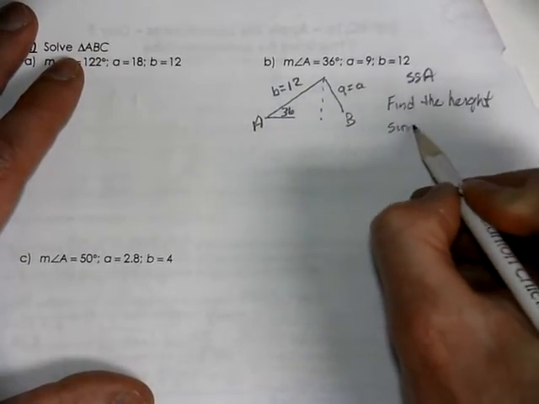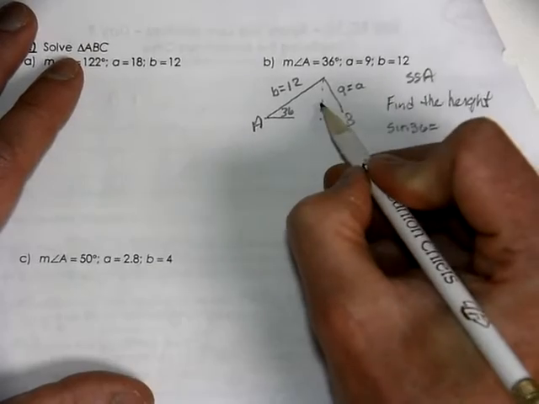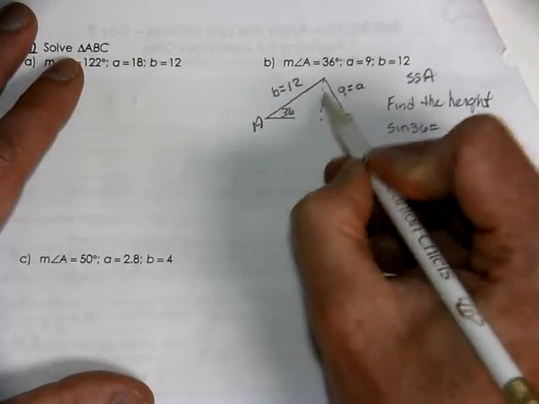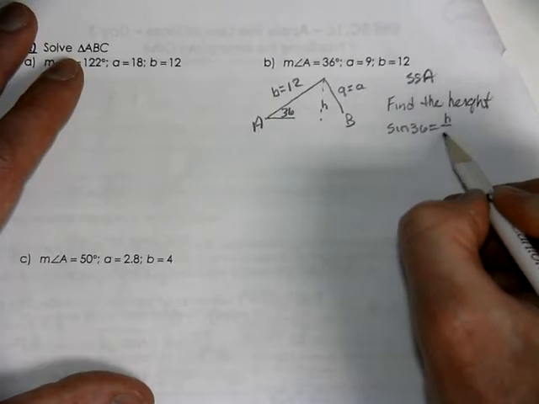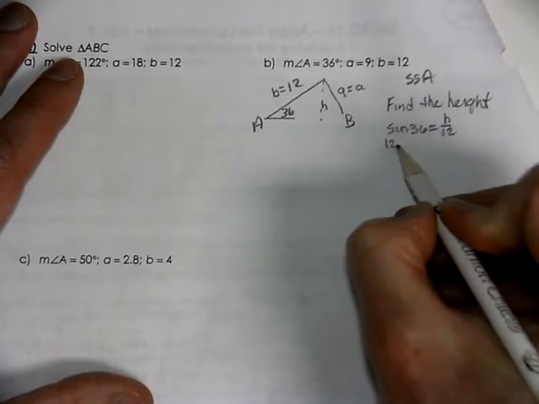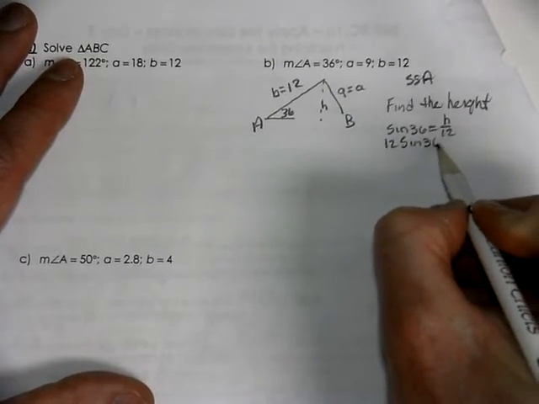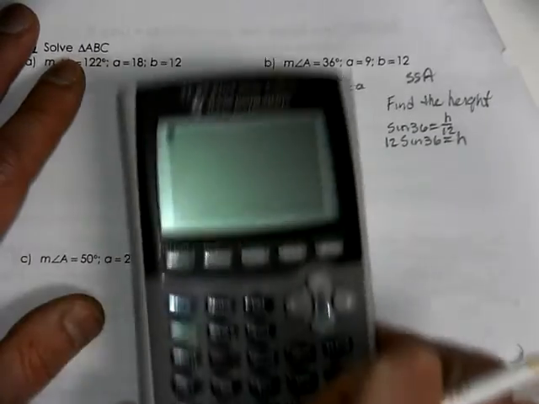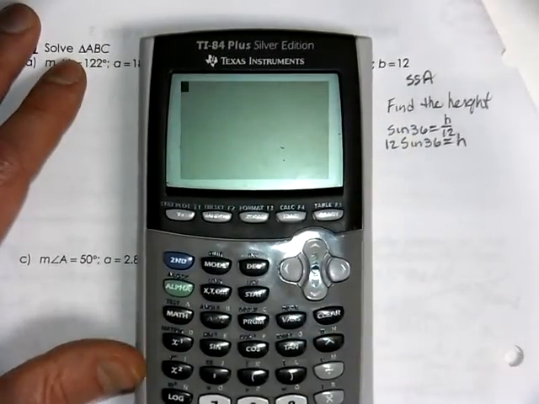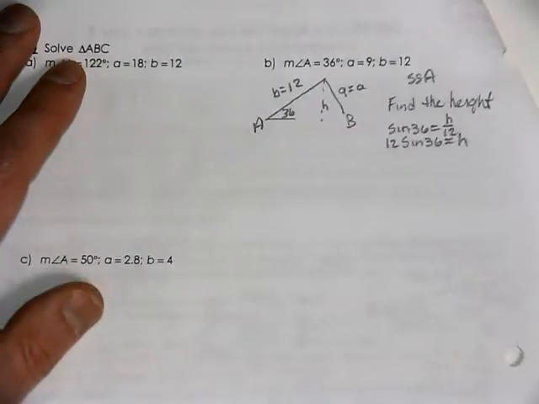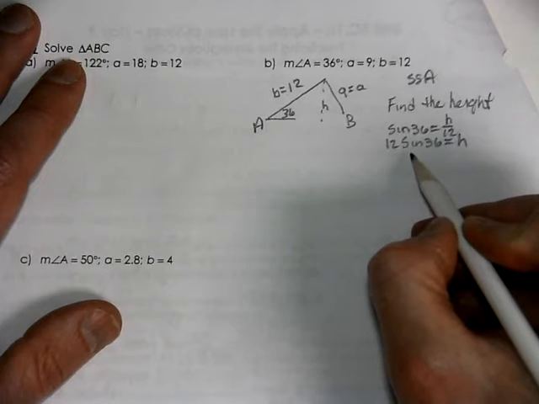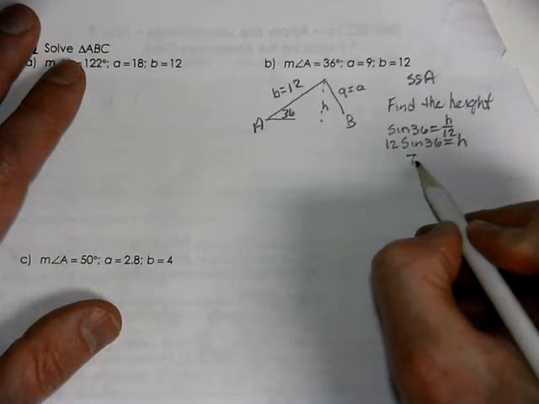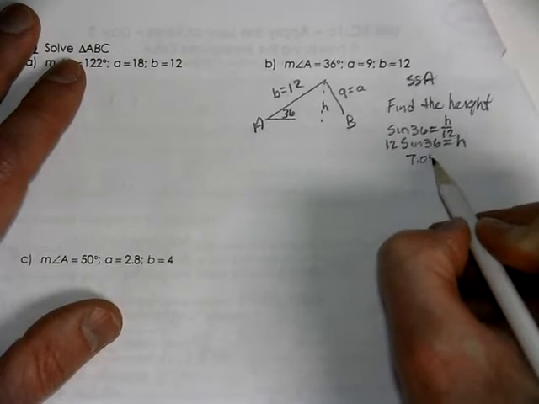You're going to have sine of 36 equaling h, which is your height, over 12. So 12 sine of 36 equals your height. Sine of 36 is your 7.05. 7.05.